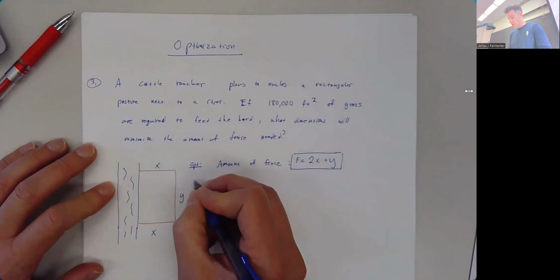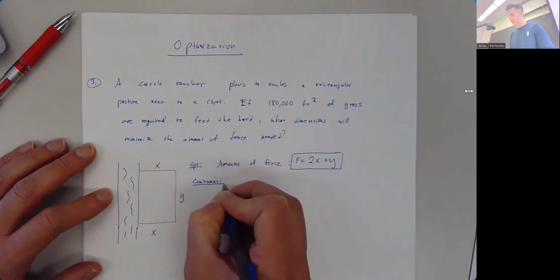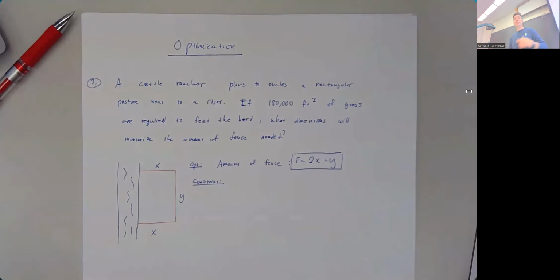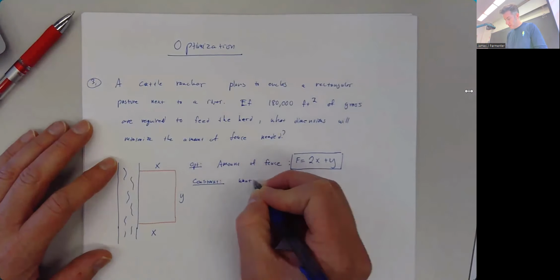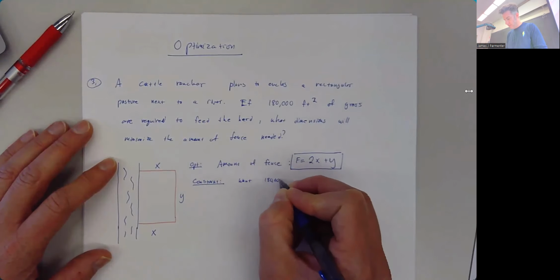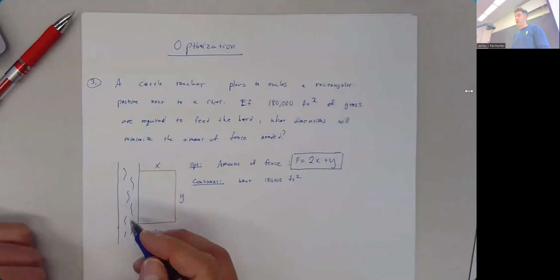And then there's some constraint or some limiting piece of information. Here we are limited by the fact that we want the area to have 180,000 square feet. Well, great. I know how to find the area of a rectangle.